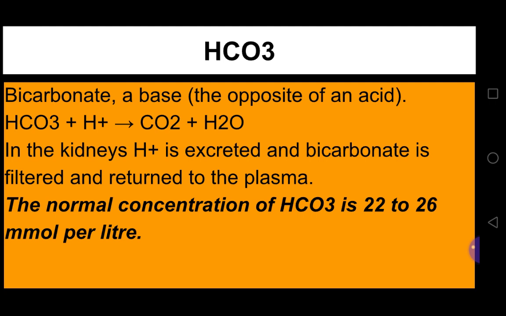Acids not eliminated by the respiratory system or lungs can also be buffered. In the kidneys, hydrogen ions are excreted and bicarbonate is filtered and returned to the plasma. The normal concentration of bicarbonate in blood is 22 to 26 millimole per liter.